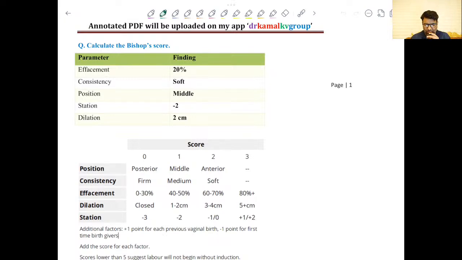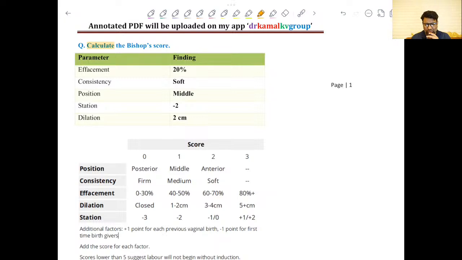Anyway, going forward and taking one question, here we had a question about calculation of Bishop's score. This is the very first time we have a question like this, because till now it was all about things like "all of the following are parameters of Bishop's score" or "what do we want to do by calculating Bishop's score."